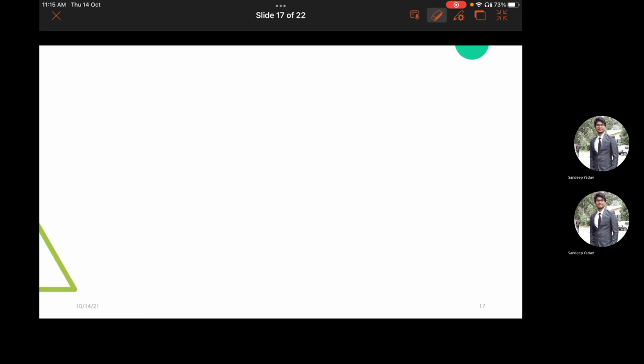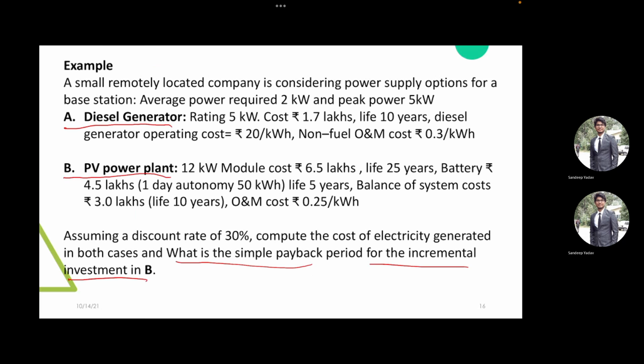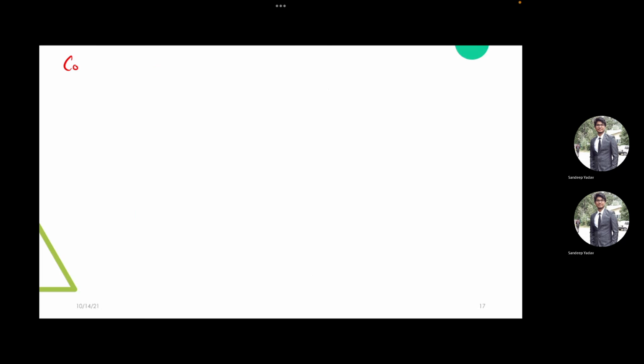So let's come to the question then. Now it tells that it is having a diesel generator having an initial cost, that is C naught, 1.7 lakh rupees, purchase cost. Life cycle is 10 years, rating is 5 kilowatt, and operating cost is rupees 20 per kilowatt hour.